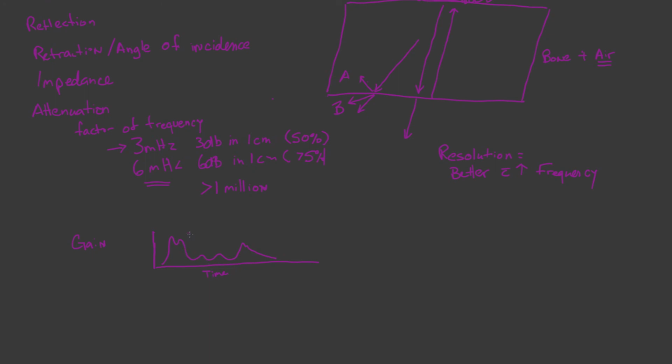Unfortunately, because of attenuation, this signal appears much weaker to the computer than the signal over here. So what the machine attempts to do over time is take that signal and then amplify it. So this is near field gain and this is far field, such that the returning image looks more like this.